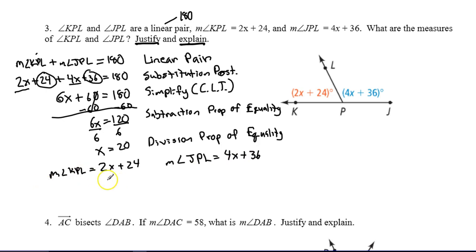And what are we going to do? Well, we're going to take that x and put it in. We know x is 20. So the measure of angle KPL is going to equal 40 plus 24, which would be 64. And that's the measure of angle KPL.